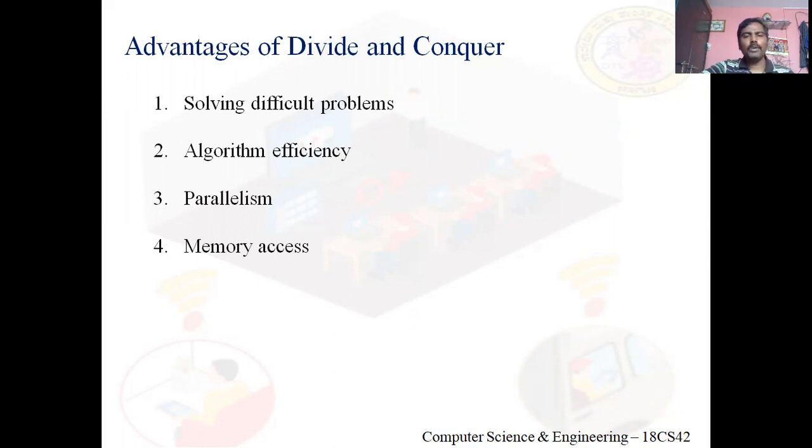Got it? Clear? We are going to sort what is unsorted. So I think you have got the first two advantages, right? Solving difficult problems: when one instance is very large, divide the problem into subproblems, each of almost the same size, and solve the individual subproblems at a time, in parallel.